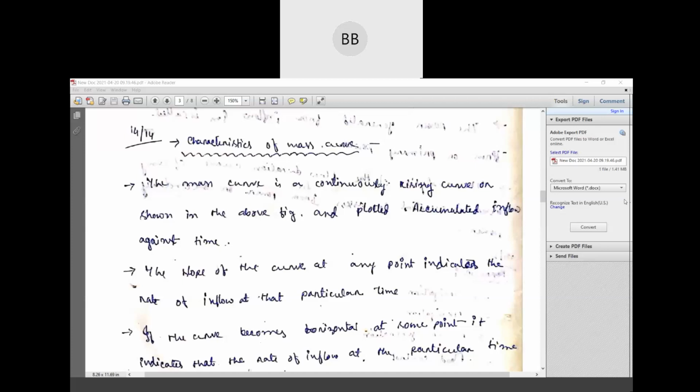Those who have an exam can attend the exam. At 12 a.m. more or less, we are also going to complete our class before 12. So next topic, you can write characteristics of the mass curve.